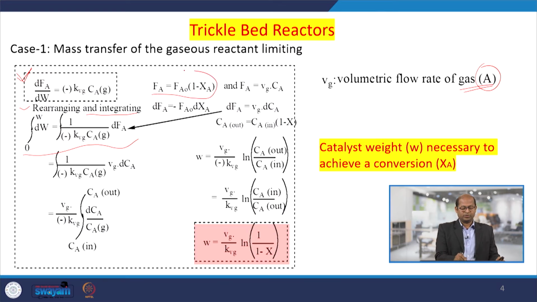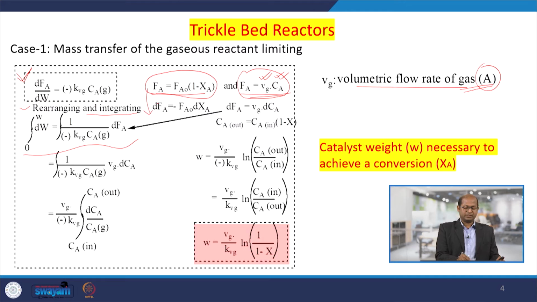We know F equals F naught into 1 minus xA, where FA is the molar flow rate of component A out from the reactor system, that is the gas volumetric flow rate times the concentration of A, and we can write it this way.